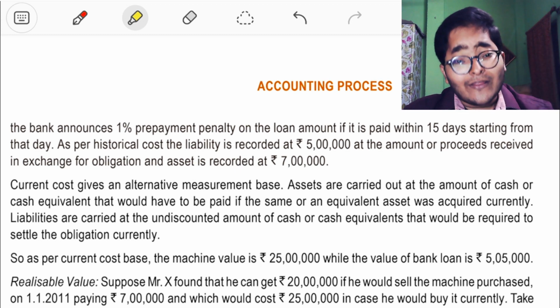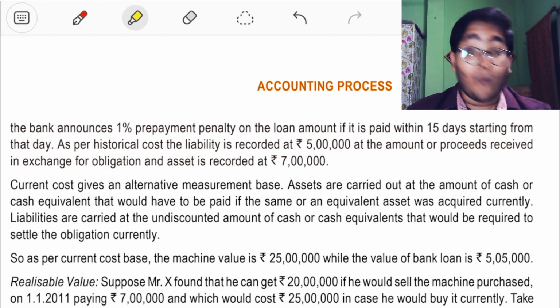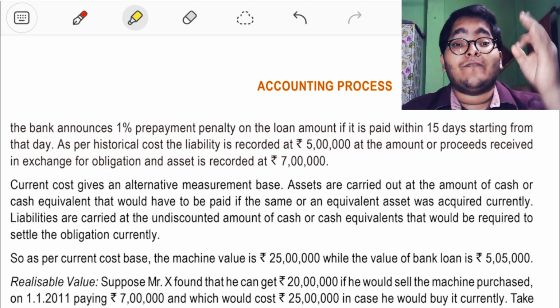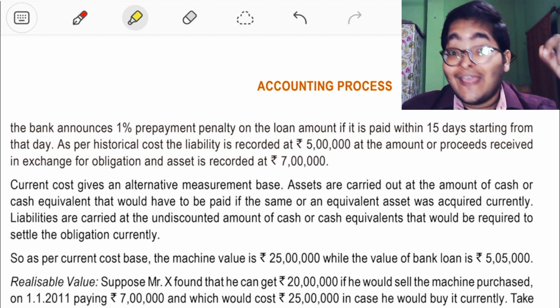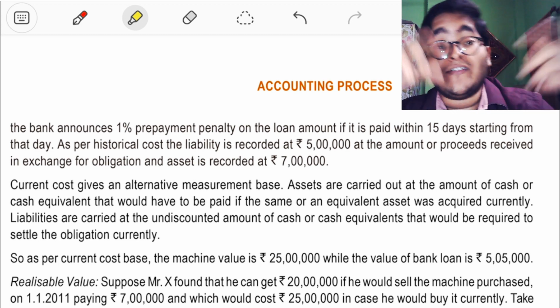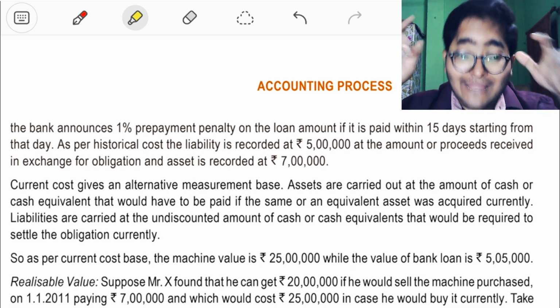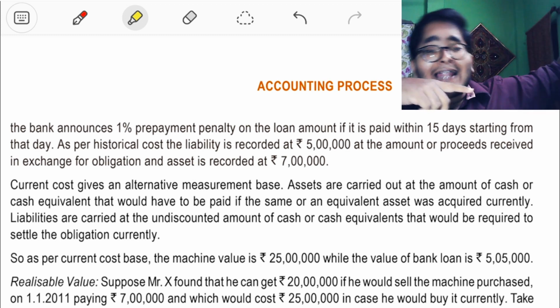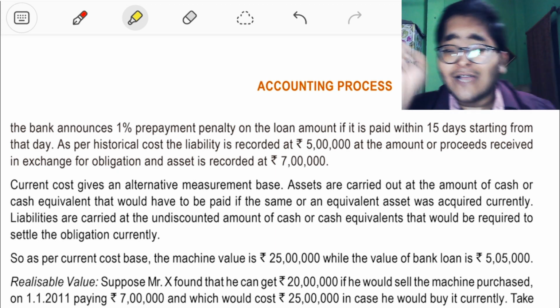As per historical cost, the liability is recorded at rupees 5 lakh. Why? The historical cost of the liability is the face value or the proceeds that is received against that liability. That is why the historical cost of that loan is rupees 5 lakh.